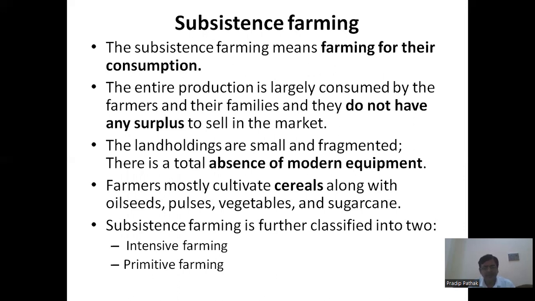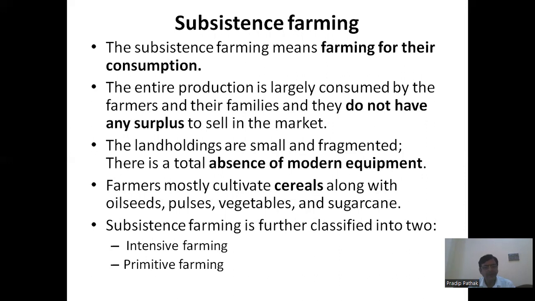The entire production is largely consumed by the farmers and their families. They do not have any surplus to sell in the market. The land holdings in this case are very small and fragmented, and they do not have access to modern equipment as well. So they depend to an extent on conventional practices of agriculture.